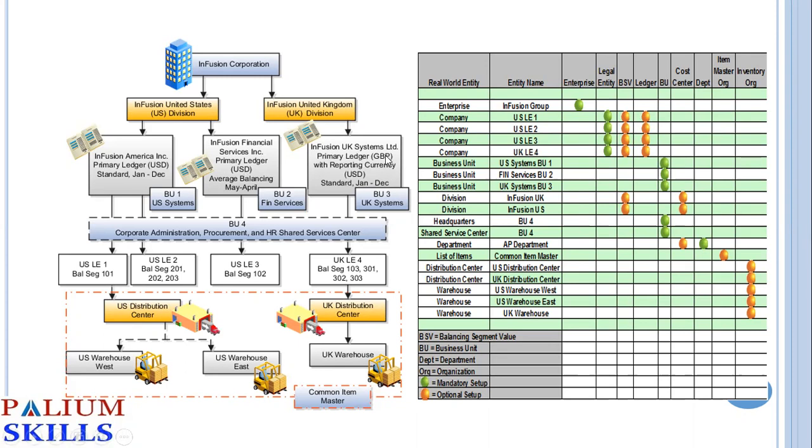The primary ledger, I'm sorry, the primary currency would be INR for an Indian company, and the reporting currency can be USD or GBP. If they're listed on the London stock market, then they would have to file it in the GBP currency.